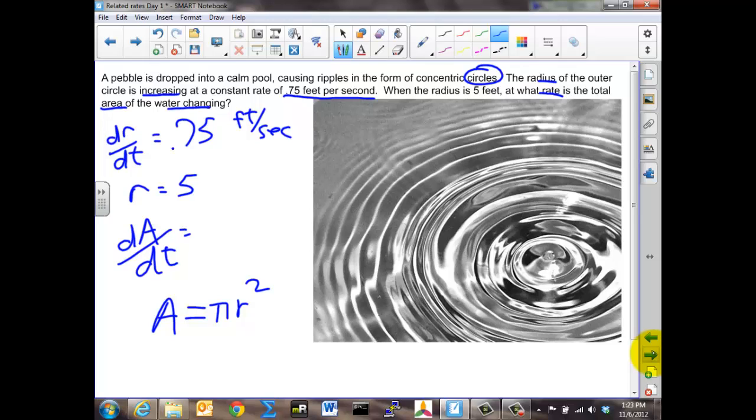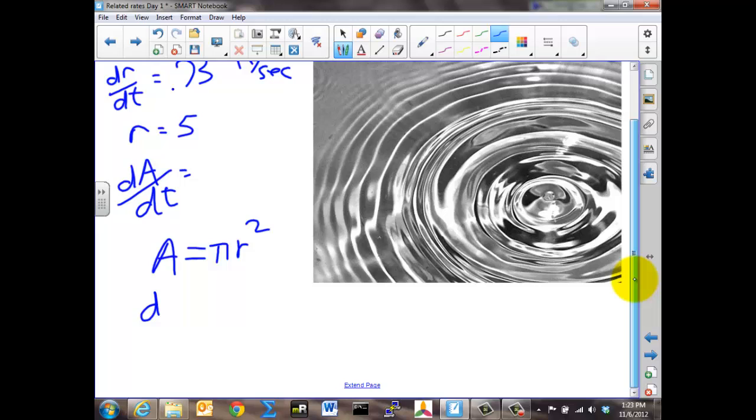Now, what do we need to do with that? Take the derivative. The derivative of area is dA/dt equals, what's the derivative of pi? How are we going to do that, pi r squared? Product rule? 2 pi r. Why don't we have to worry about the derivative of pi? Why don't I have to do a product rule here? It's a constant number. 2 pi r dr/dt.